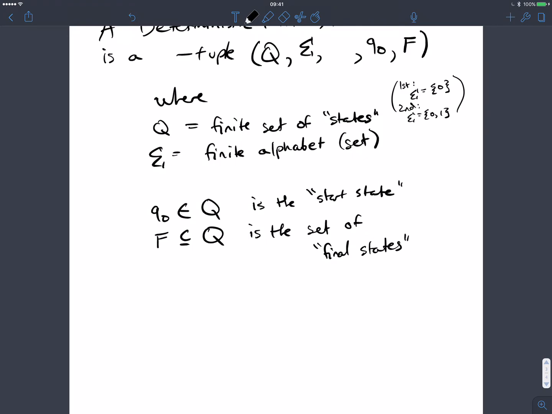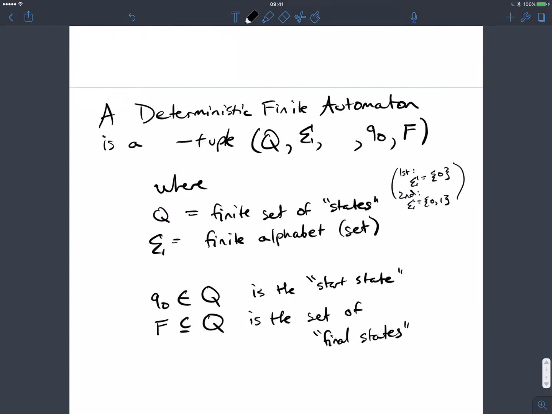What did I forget? Yeah, the way that we transition between the states. We need some formal way of saying, if you're in this state and you happen to be reading this input symbol, you go to this state. I'll ask again, are computers deterministic or non-deterministic? Deterministic. So let's say we have a fixed state and some symbol that we are going to read. How many states should I allow you to go to?